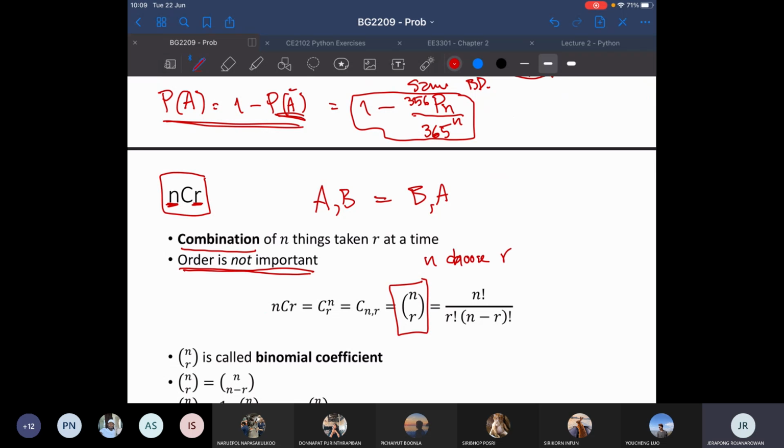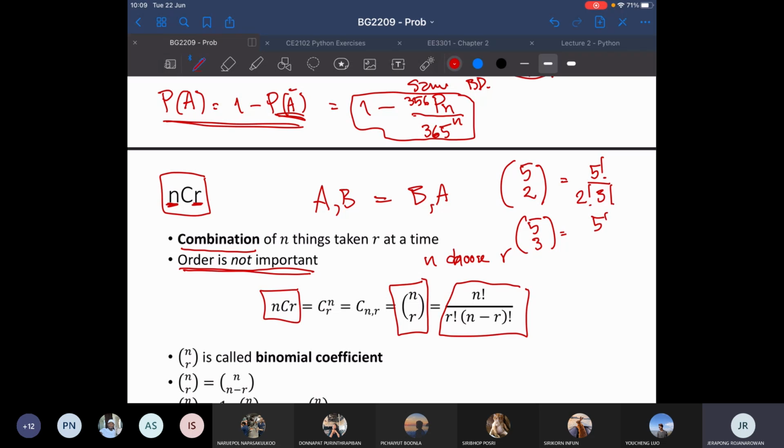This is read as n choose r, or we can call it nCr. It's equal to n factorial divided by r factorial times (n minus r) factorial. Therefore you have 5 choose 2, which is 5 factorial divided by 2 factorial and 3 factorial. And 5 choose 3 is 5 factorial, 3 factorial and 2 factorial.